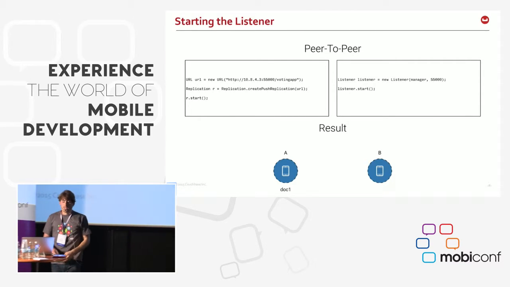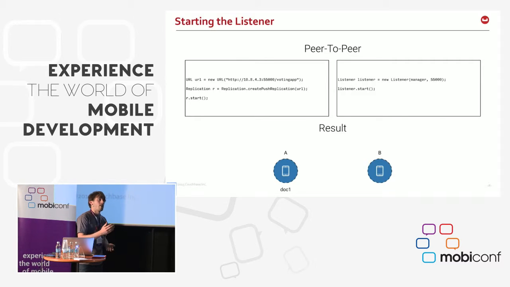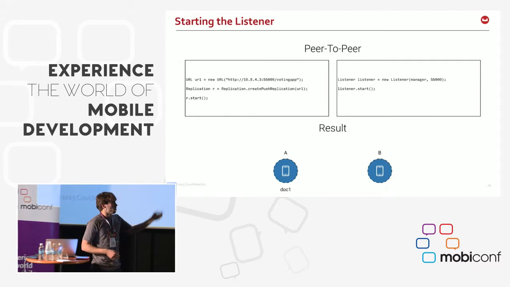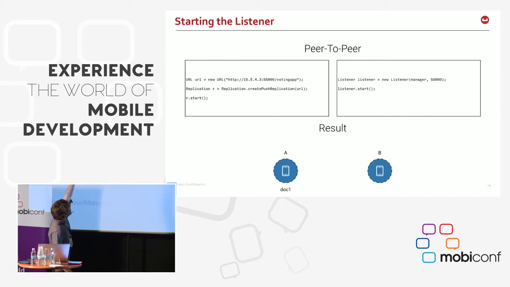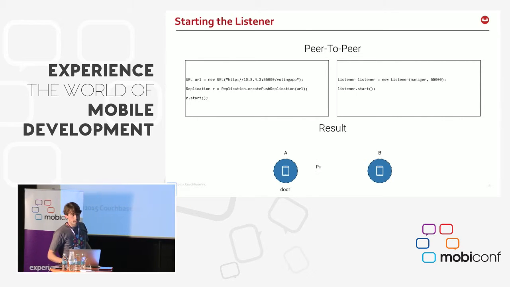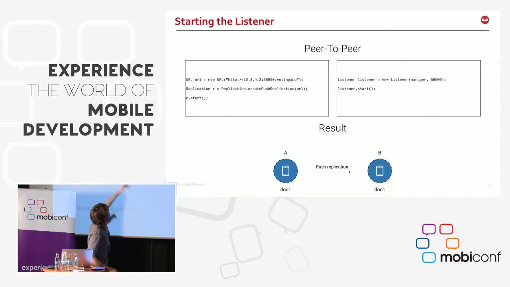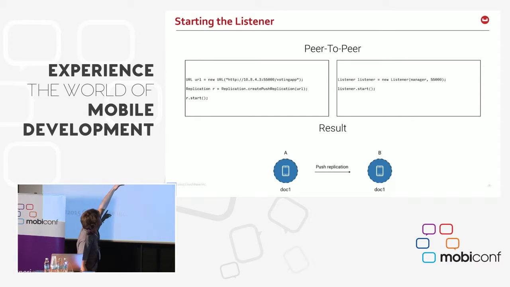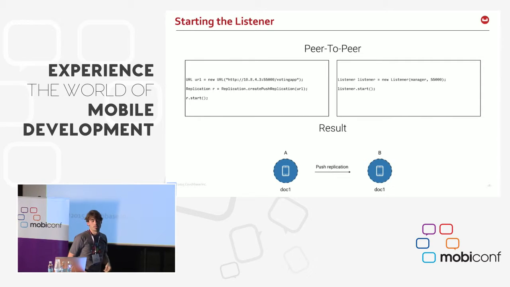This exposes the same REST API as Sync Gateway, to act as a remote database. By doing so, another device can also act as a remote database. The code to do a push replication is very similar to the one I had just before. It's using the class method, creating the push replication, passing in the URL and calling start.